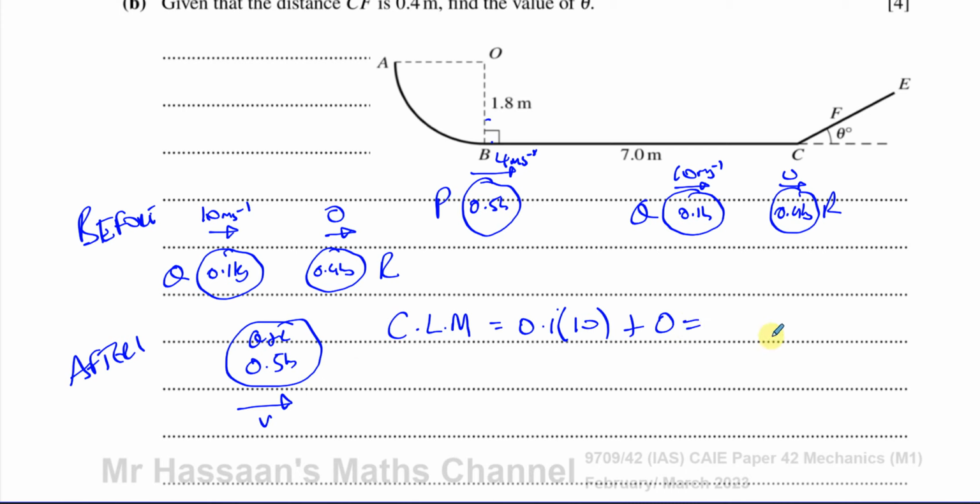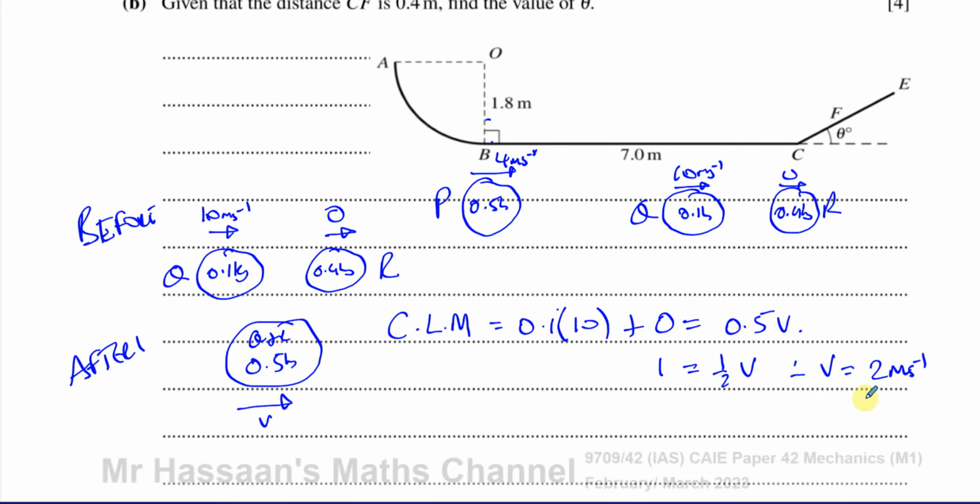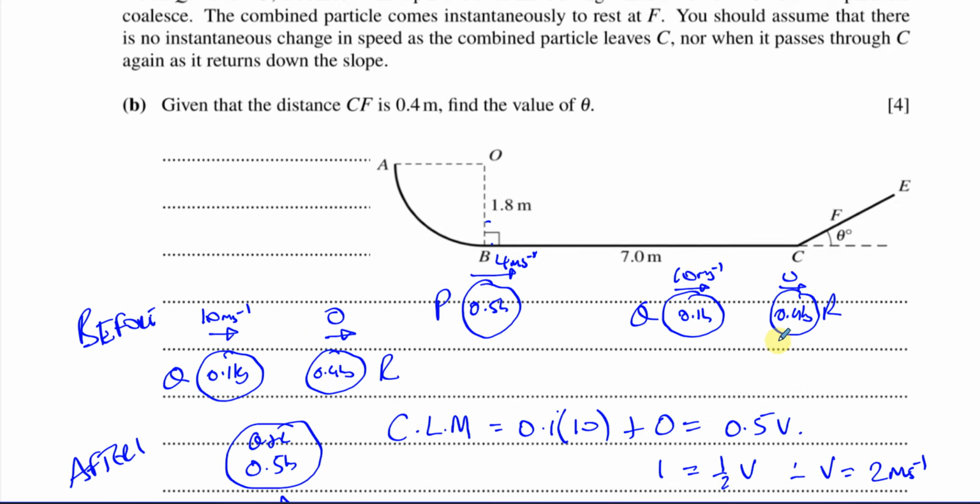After the collision, together they have a mass of 0.5, and the velocity is what we have to find. So this gives you 0.1 times 10, which is 1, equals a half v. Therefore, v is equal to 2 meters per second. So when this combined particle is moving up to F, it starts off with a speed of 2 meters per second.